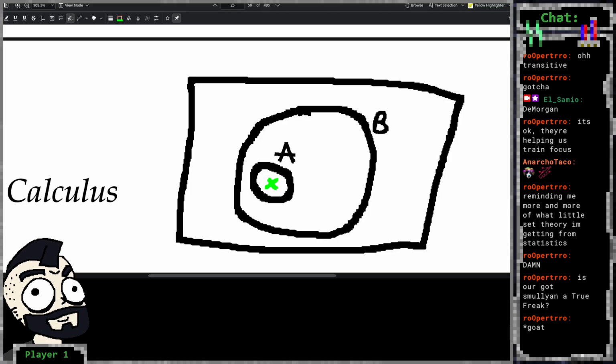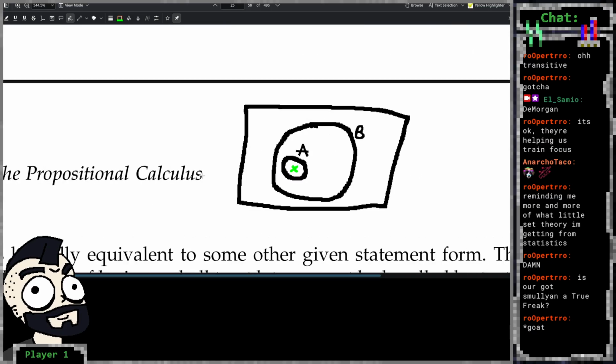Is our goat small enough to... Absolutely. Oh, absolutely. Like, have I posted a picture of the man? Can I paste it here?